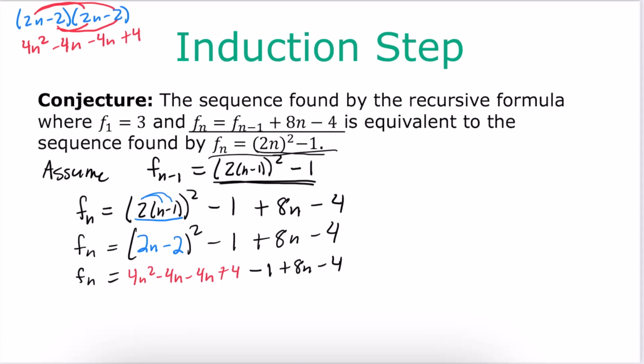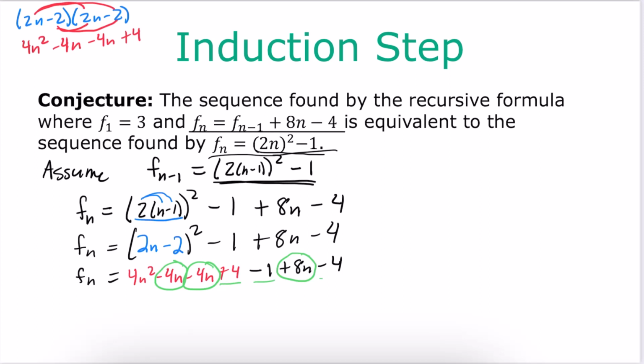And now that I have all of my parentheses taken care of, now I can go through and combine like terms. And I can say, okay, well, negative 4n plus another negative 4n is going to give me negative 8n. And when I add this positive 8n, that ends up giving me 0n. So all of the n terms end up canceling each other out. Then if I do positive 4 minus 1, that's 3.